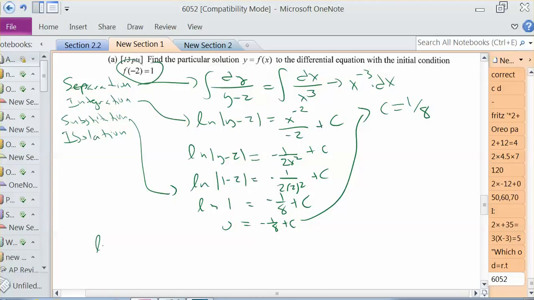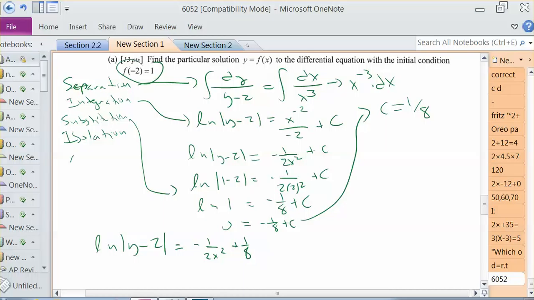So now we have natural log of y minus 2 equals negative 1 over 2x squared plus 1/8. Now the algebra at this point is not as critical in terms of points on the AP, so I wouldn't get too bent out of shape if you couldn't isolate, because that algebra does get a little bit messy here.